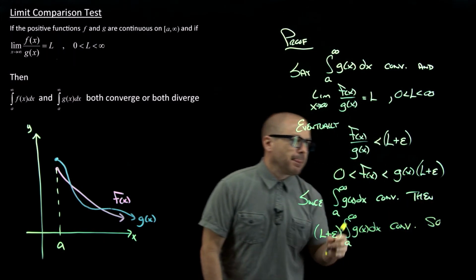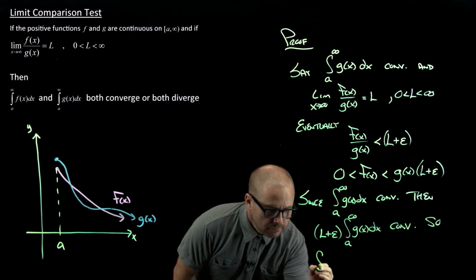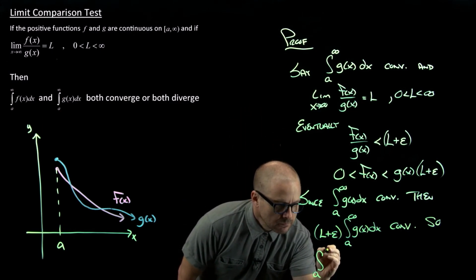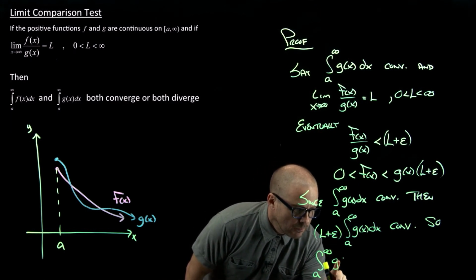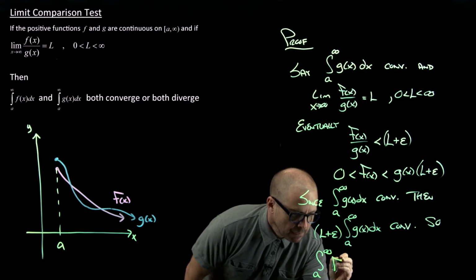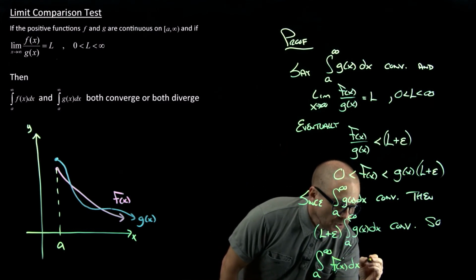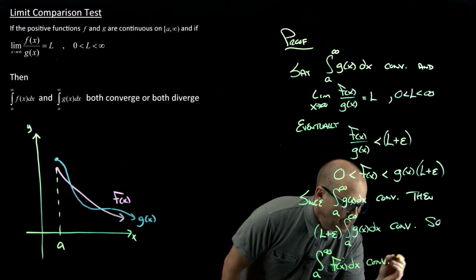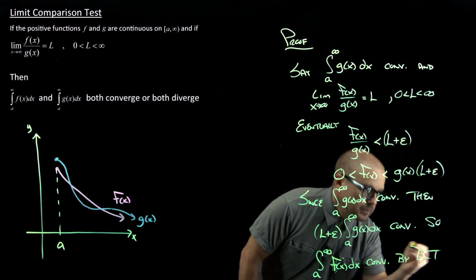So the integral of the smaller function f of x must also converge by what we established previously in DCT.